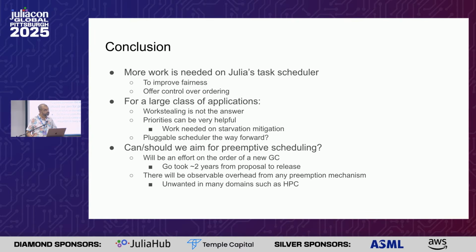I believe Gabriel's PR that's talking about work stealing is in fact structuring it in the form where there's a pluggable scheduler. So you could potentially see a Julia in the future that you can switch schedulers depending on your use case. Not ideal, but it does not really seem like there is one scheduler to rule them all.